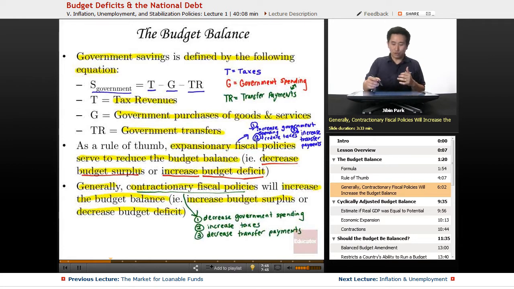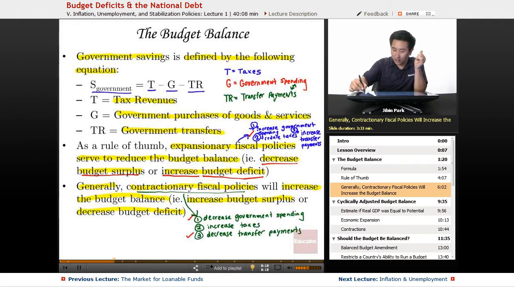But usually, again, when you're dealing with politicians, one political party will favor part of expansionary, but some contractionary measures. Again, as a crude representation, Republicans will tend to prefer reducing taxes and reducing government spending. So they'll take this portion here. They'll try to reduce taxes here, but they'll also try to decrease government spending and maybe decrease transfer payments as well.